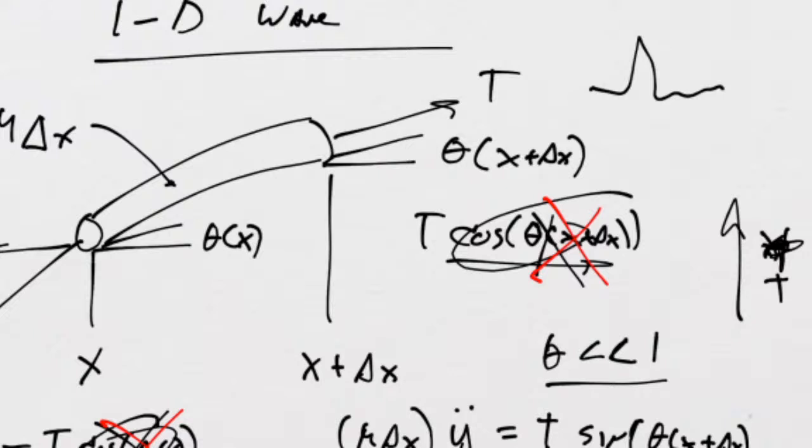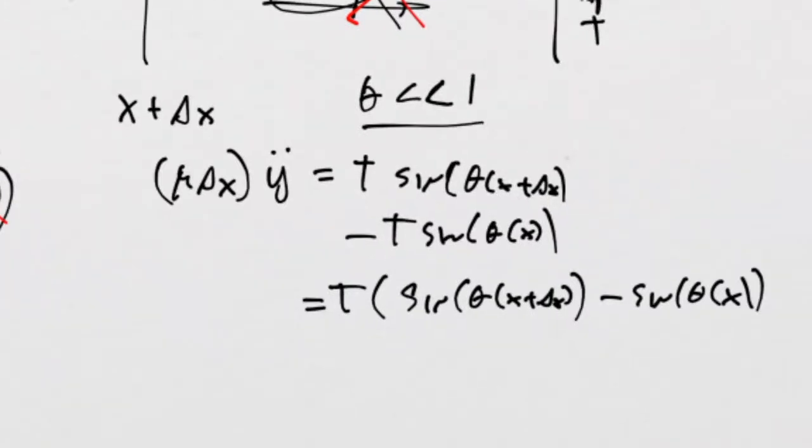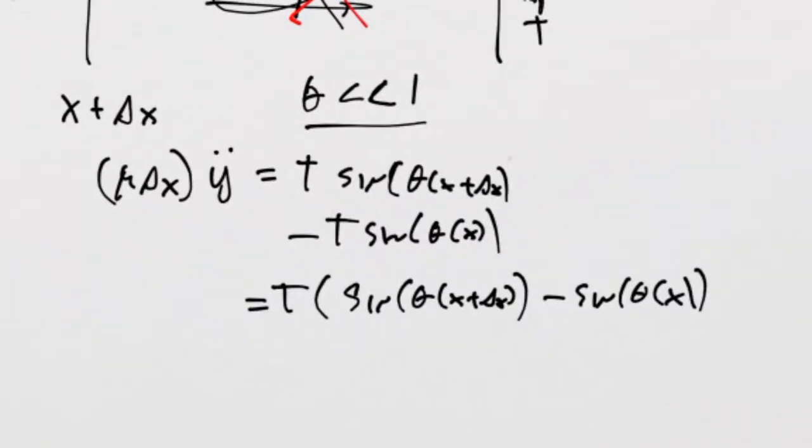Although, in principle, there's really no reason why this can't be part of the wave equation. The small angle idea is, of course, just to keep it all linear, right? That's the whole point.